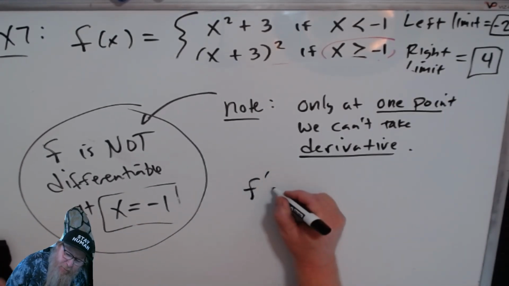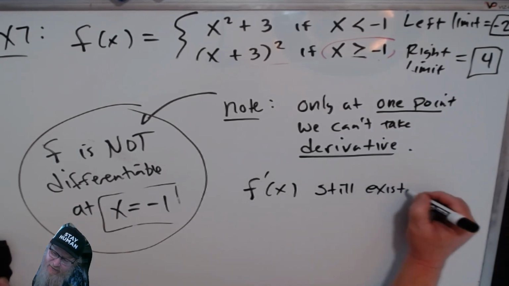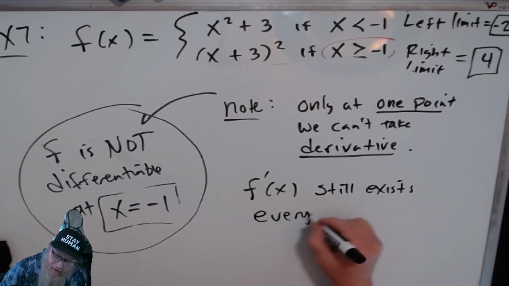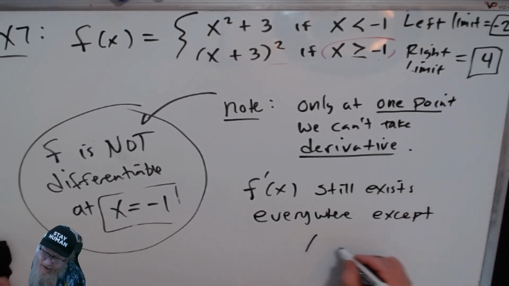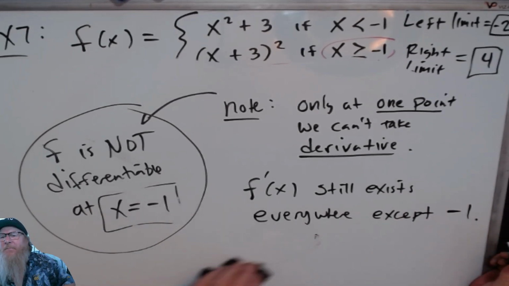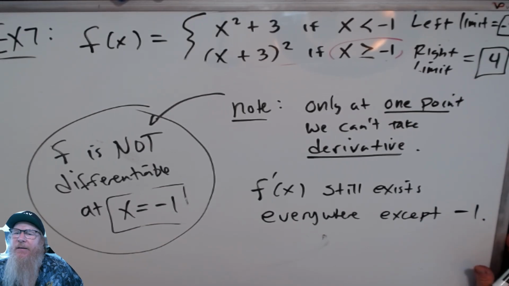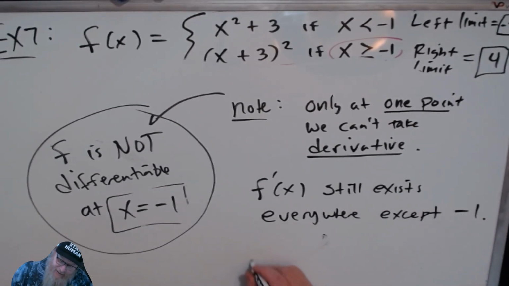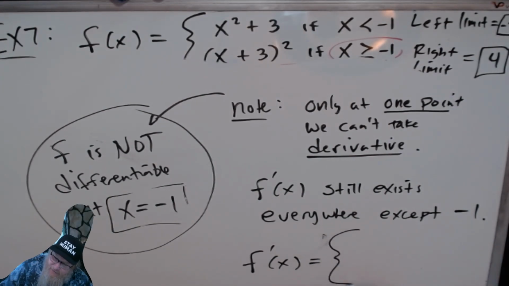However, f prime of x still exists everywhere except -1. Right? For this particular example, before I erase it. So basically, the derivative has two pieces.